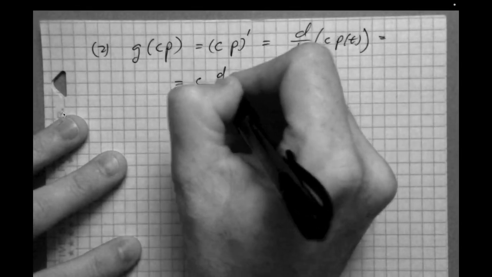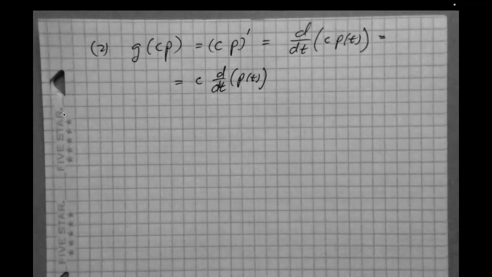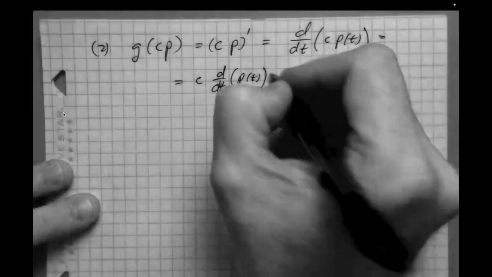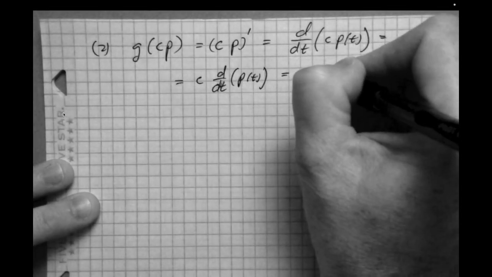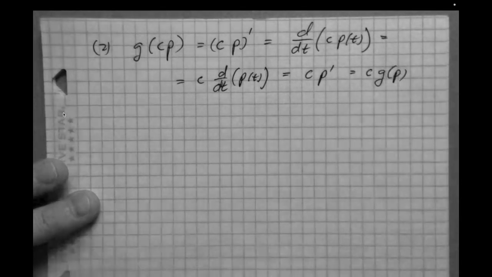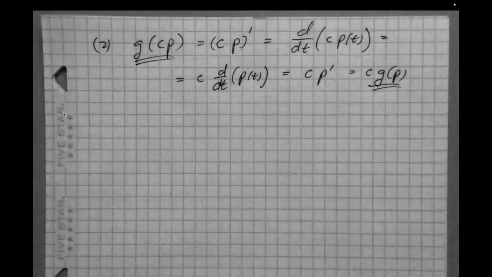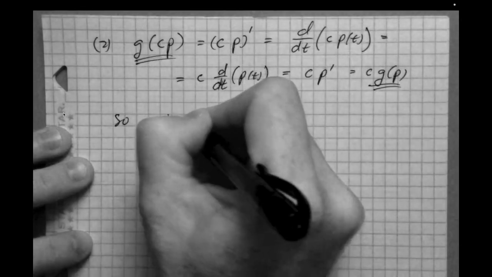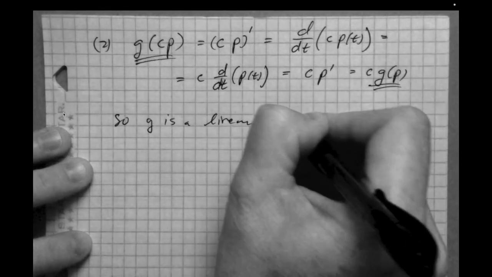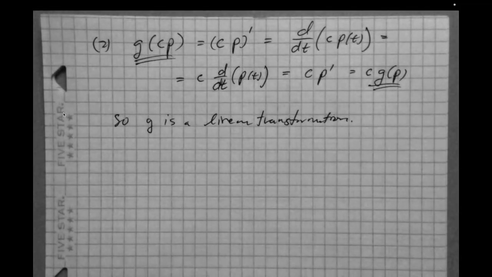So it's fine to do this. Right, so that's something we saw in calculus. And so another way to write that is c times p prime, right? And so that, of course, is just c times g applied to p. Right, so here we have the scalar multiplication property. And so g is a linear transformation, right? Certainly a function, and it is a function that preserves vector addition and scalar multiplication.